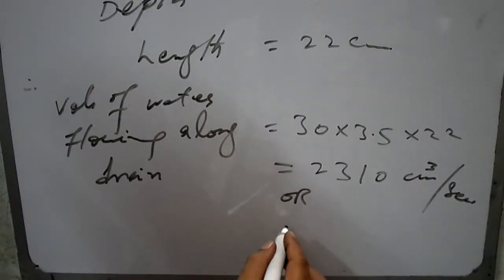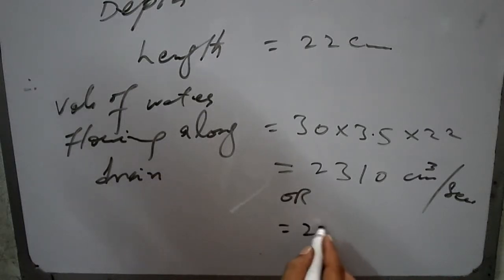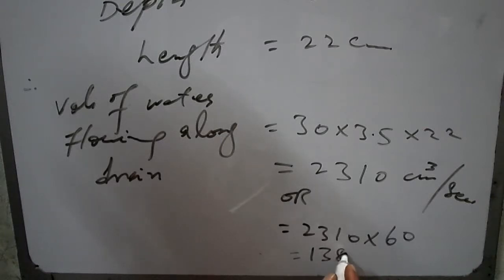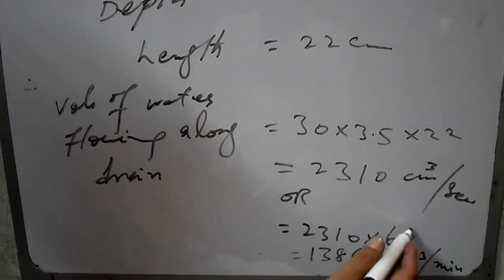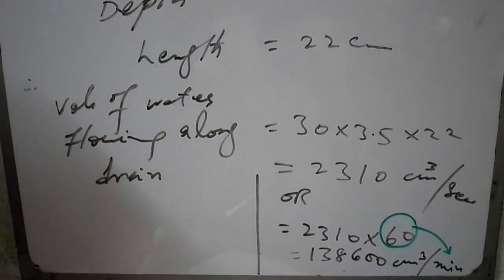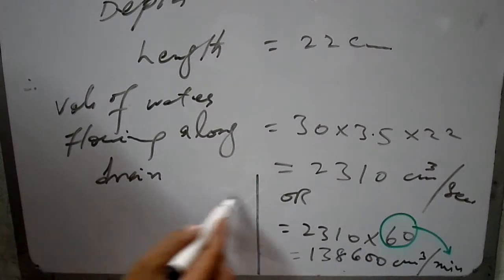We have to multiply it by 60 to convert into minutes, that is 138,600 centimeter cube per minute. But we need it in liters, so it should be divided by 1000 to convert into liters.